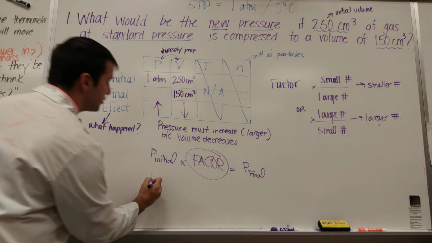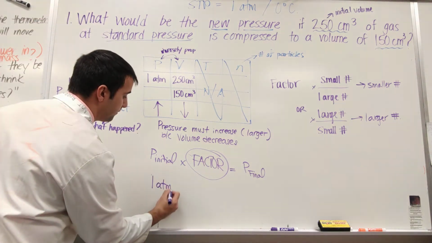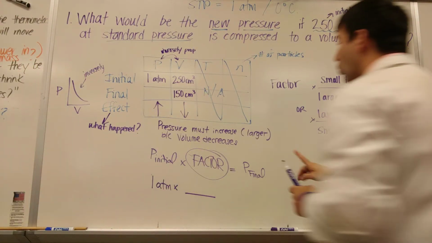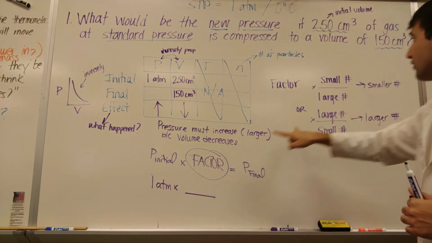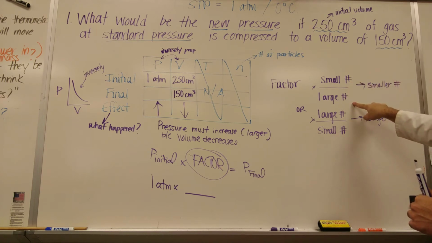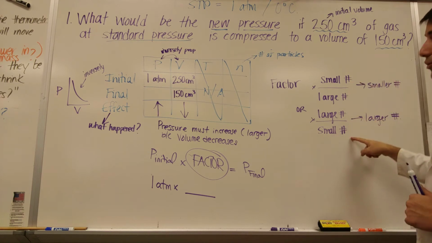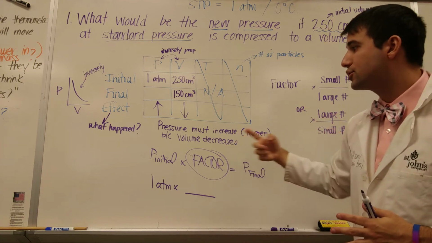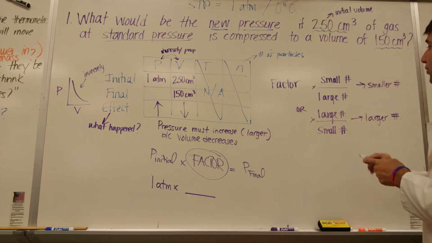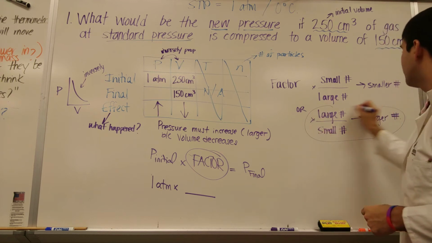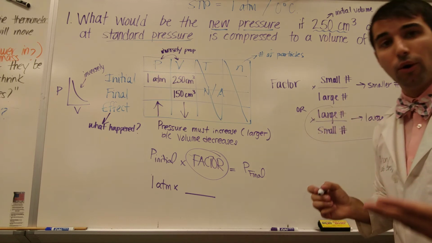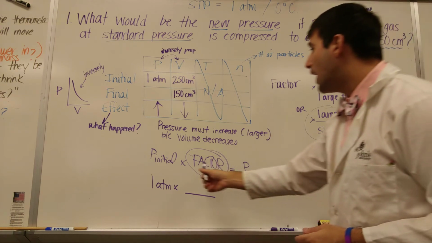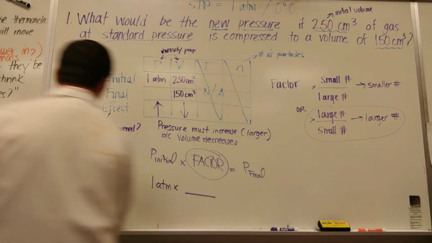So my initial pressure is 1 atmosphere, and now I'm trying to set up my factor. Now, I want my pressure to increase. So do I use small number over large number, or do I use large number over small number? I want to use a factor that gives me a larger pressure, so I must use large number over small number. And now what goes in my factor, and that goes back to our notes on units, I'm comparing pressure and volume.